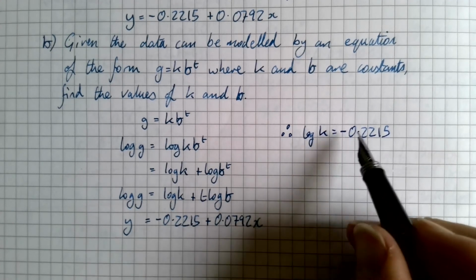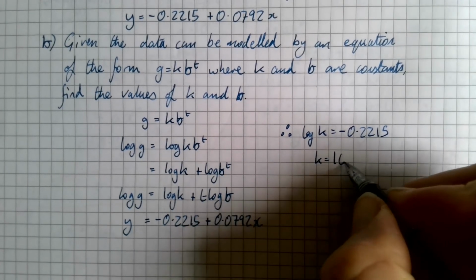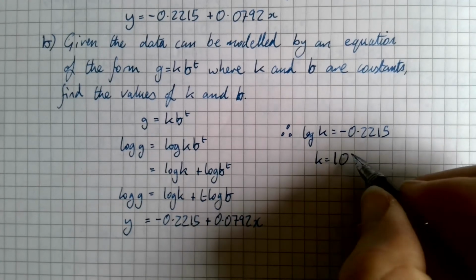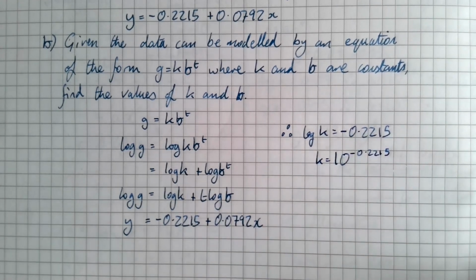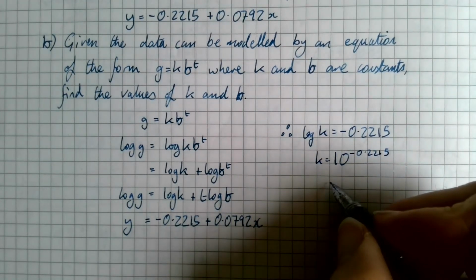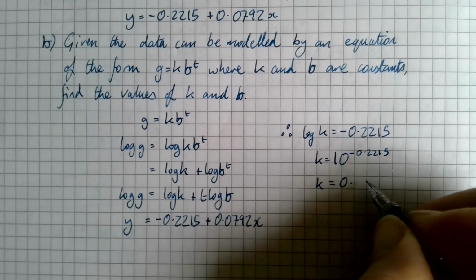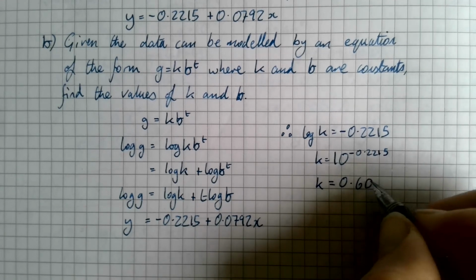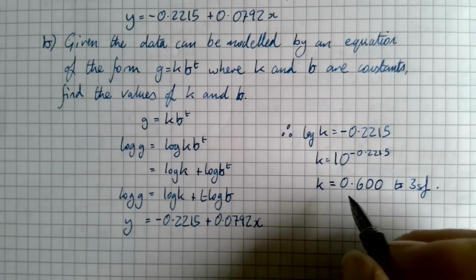And once I know that, I know that that means that k is going to be 10 to the power of minus 0.2215. Put that into the calculator, and that's what we did actually a minute ago, wasn't it? We can say that k equals 0.600 to 3 significant figures.